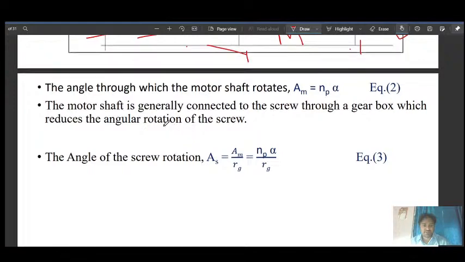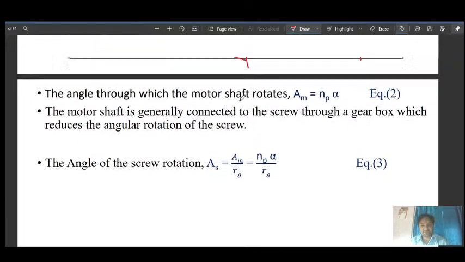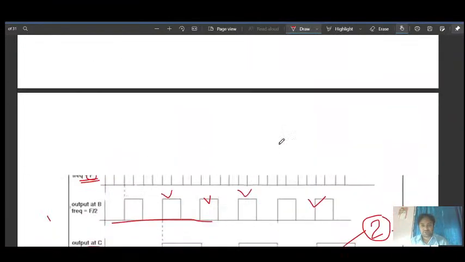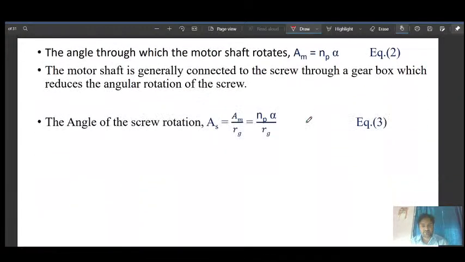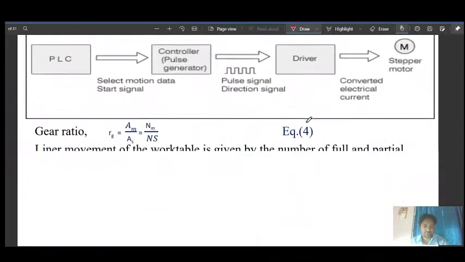So next is the angle through which the motor shaft rotates. Let me use a figure here.